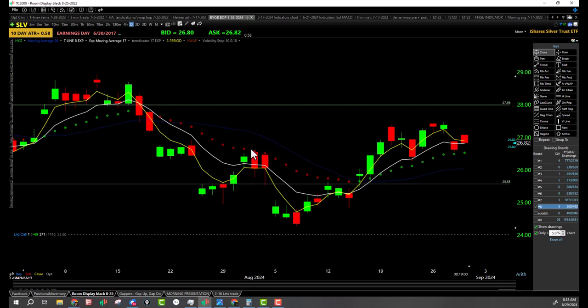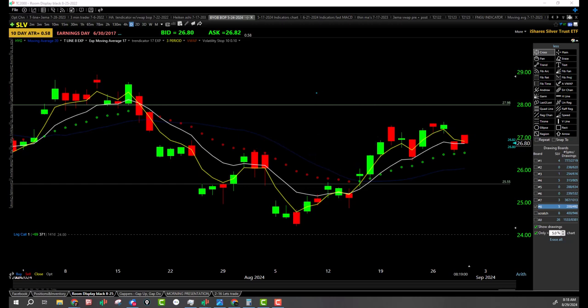It's been in an uptrend ever since it broke this high right there. You can see price action moving up and then consolidating over to the right. That's bullish. Up and holding the higher ground. We like that.